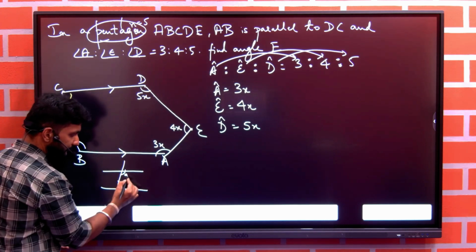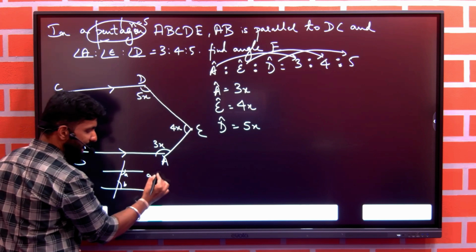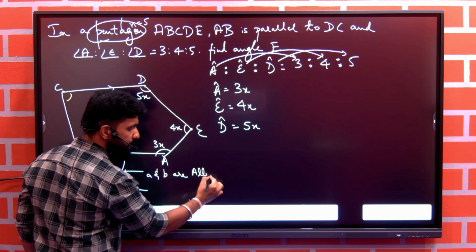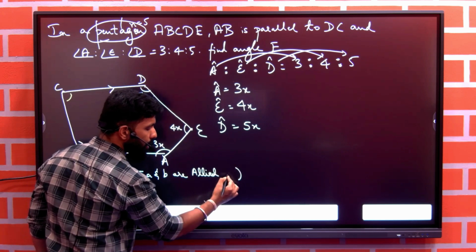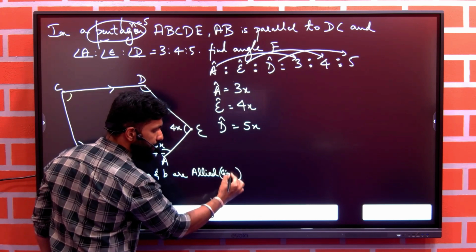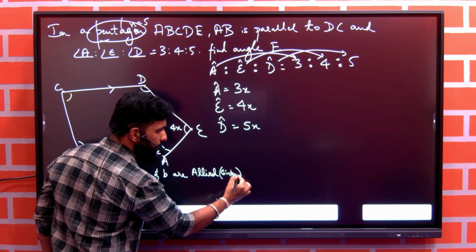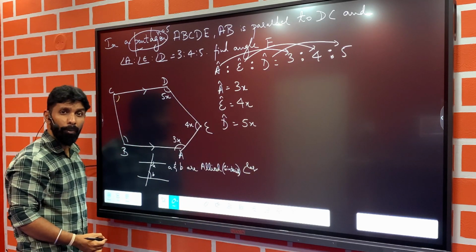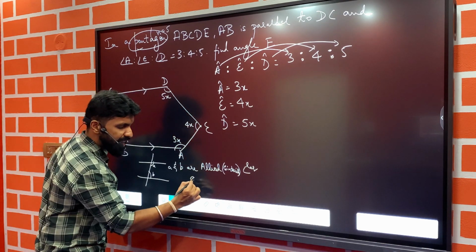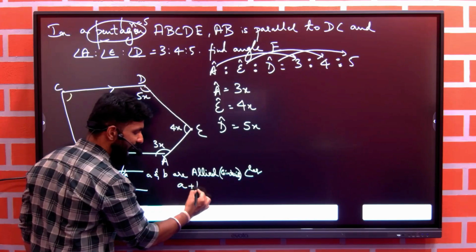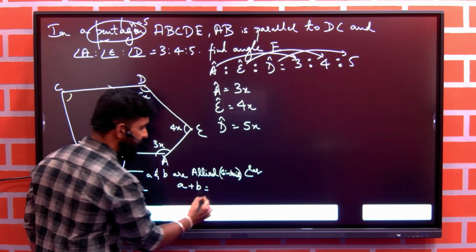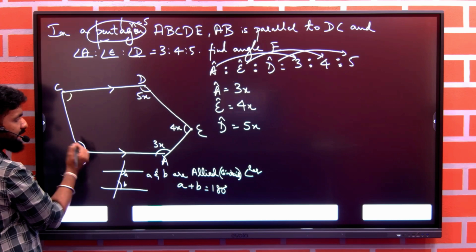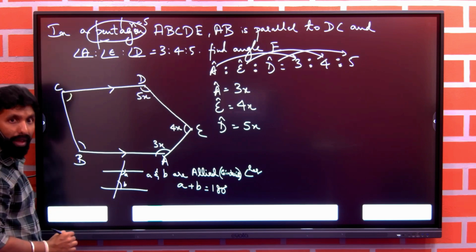For example, A and B are called allied angles or co-interior angles. And what do you know about co-interior angles? They are not equal. They should always add up to 180 degrees. So I know that this angle and this angle should sum up to 180 degrees.